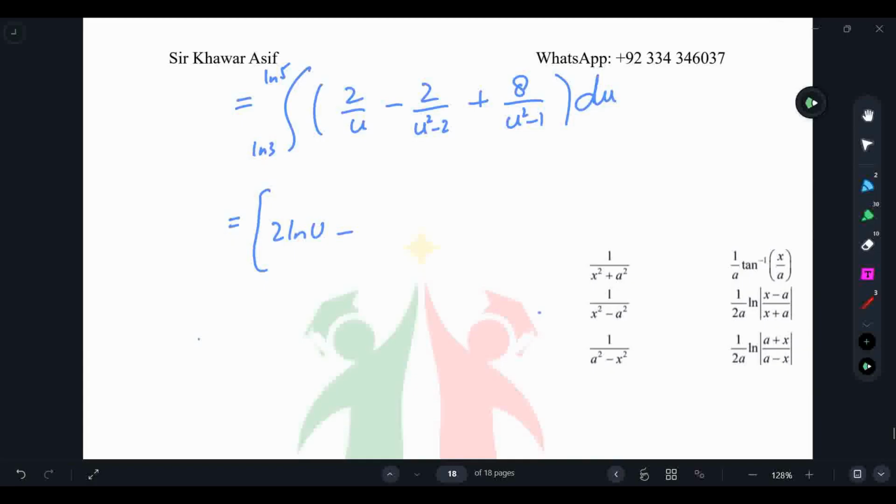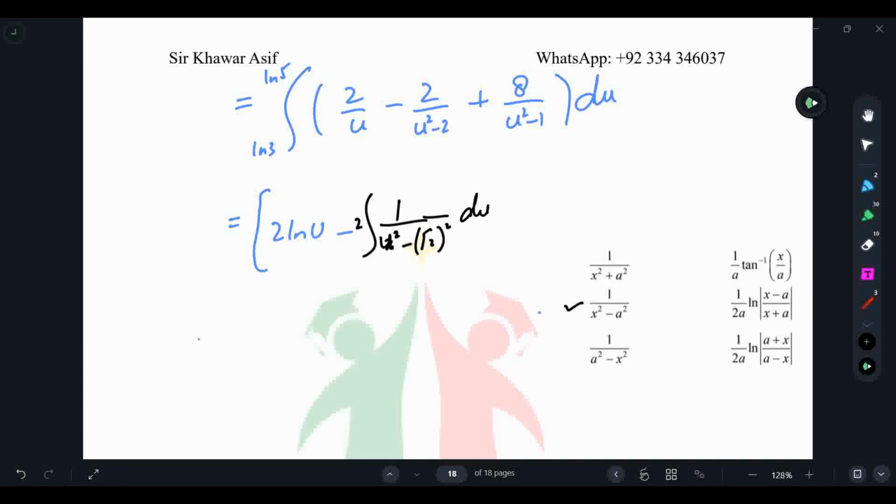Now we can see that we can use the second one because there is a subtraction sign over here. For the second one we have to write it like this: 1 by x square minus square root of 2 square, because these two will be the same things, not x, it's u.